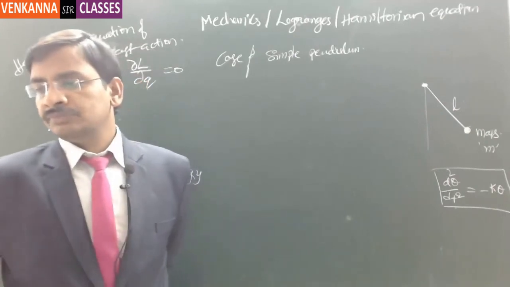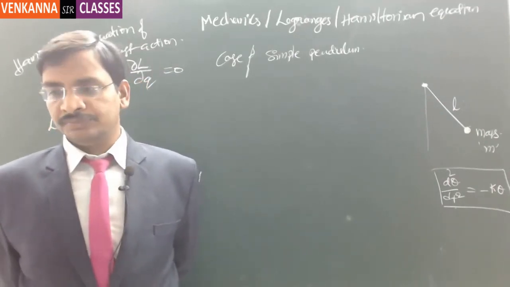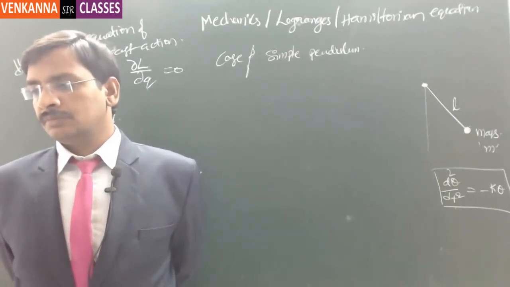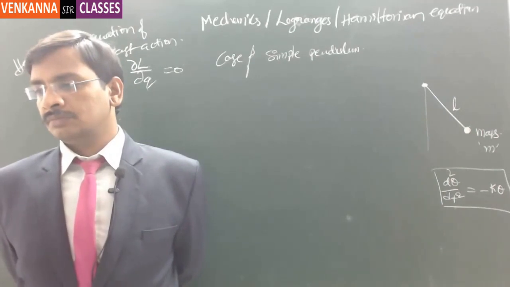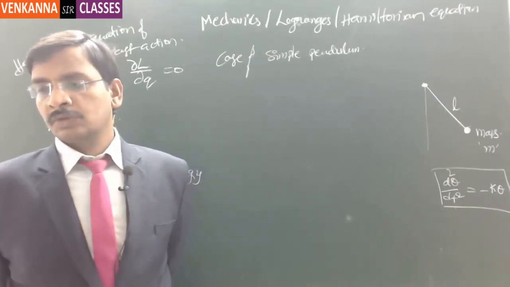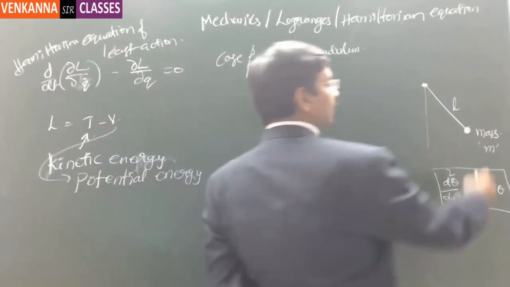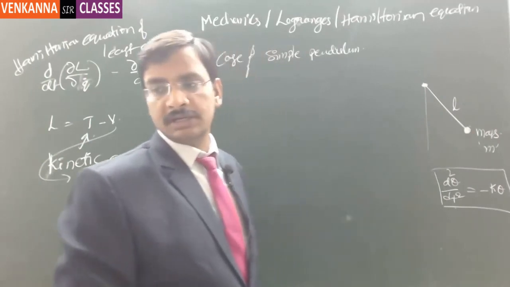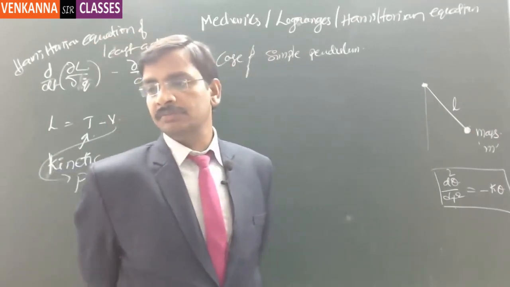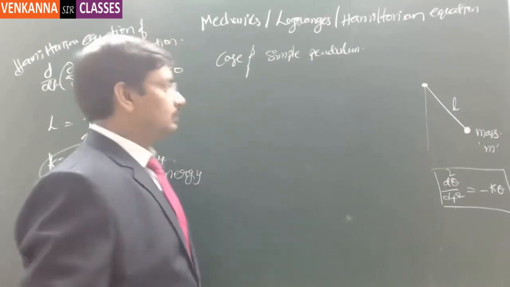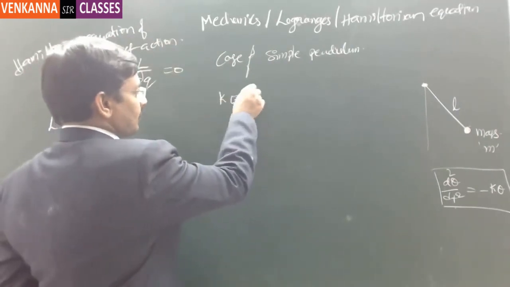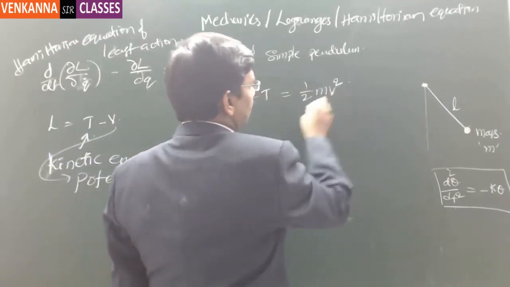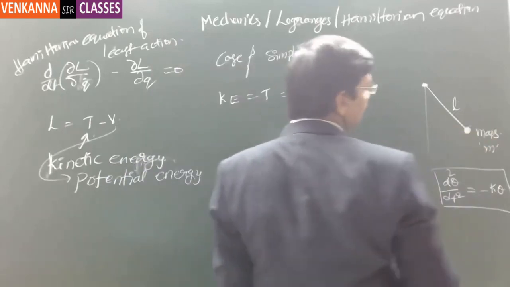Got it? So what is the kinetic energy of a moving ball? What is the kinetic energy associated with this particular ball in case of simple pendulum? So T is given by half m v square, where v is L times omega.